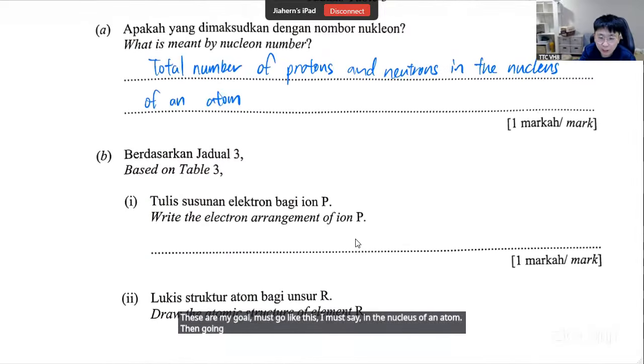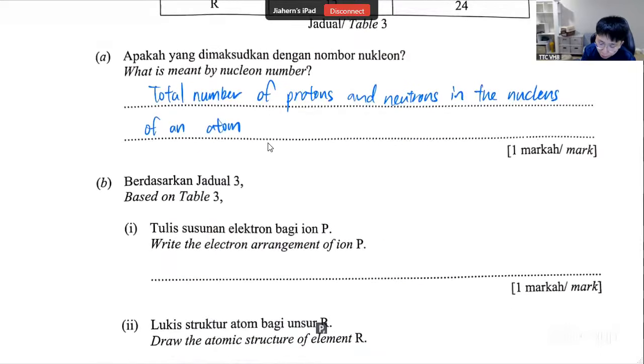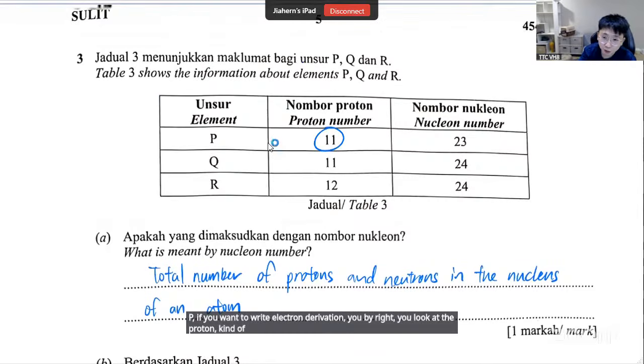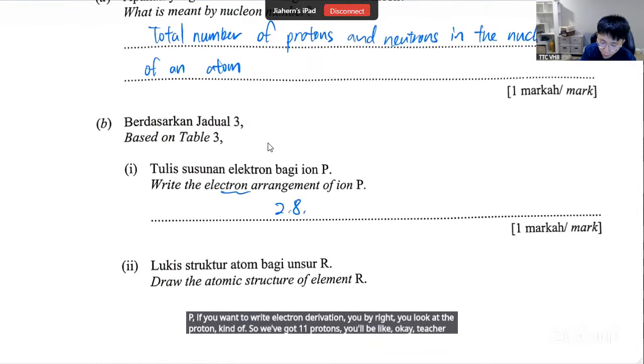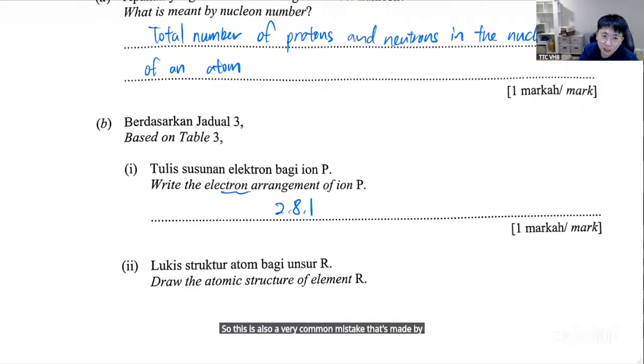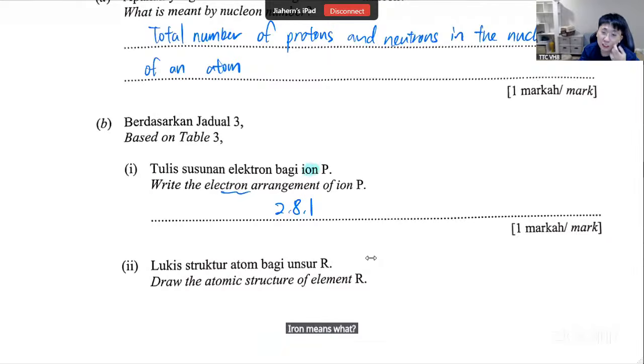Then going down, write the electron arrangement of ion P. This one also very tricky, because if you want to write electron arrangement, by right you look at the proton. So got 11 protons, you'll be like, okay teacher, 2.8.1. This is also a very common mistake made by everyone. So what happened is, you look at the keyword, which is ion. Ion means it's supposed to have charge.